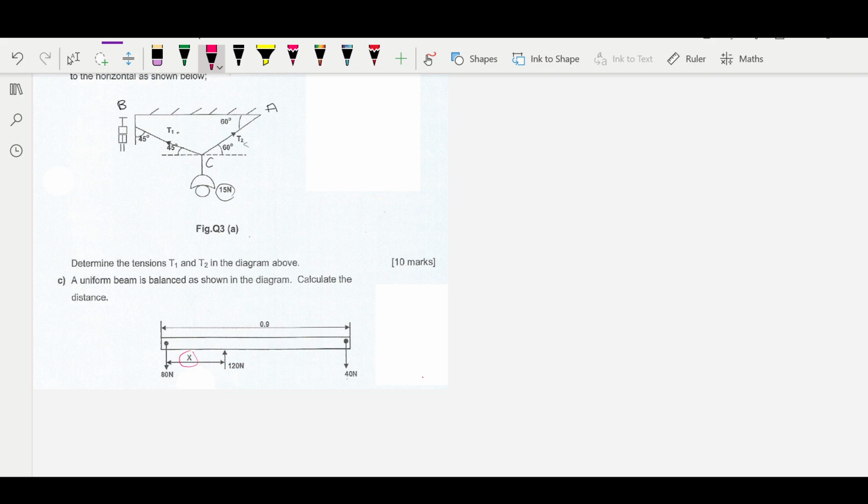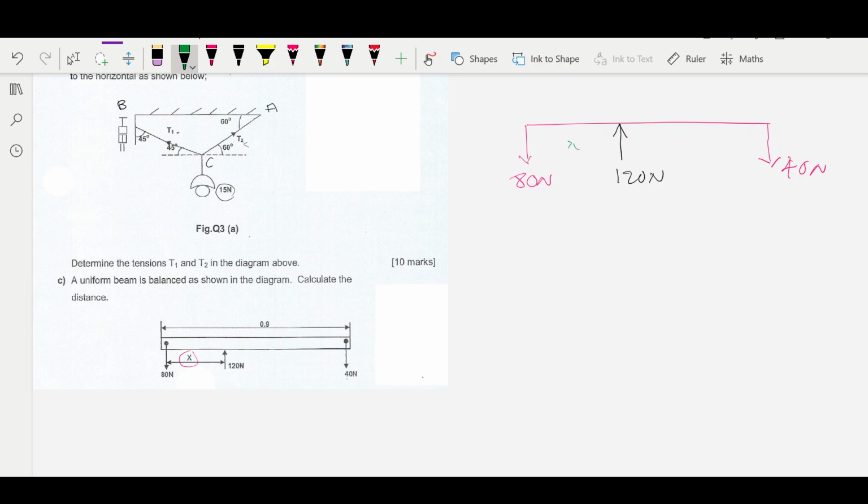So we have a beam, we have forces that are acting. Let's draw that again. So we have 80 newtons, and then we have 120 going in that direction, and then we have 40 newtons, and 20 newtons going in that direction, and then we have the distance.